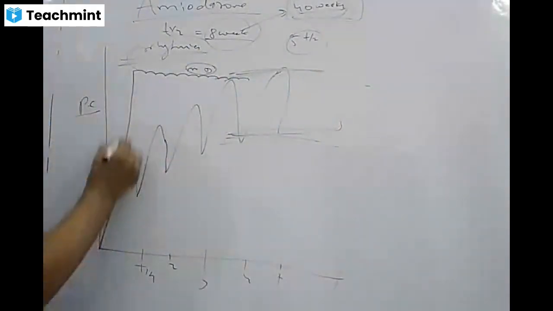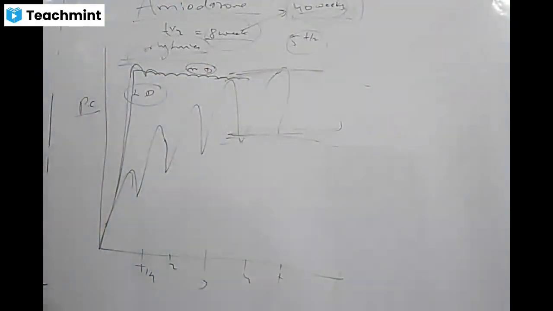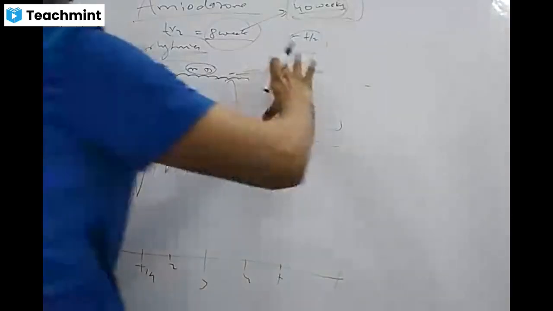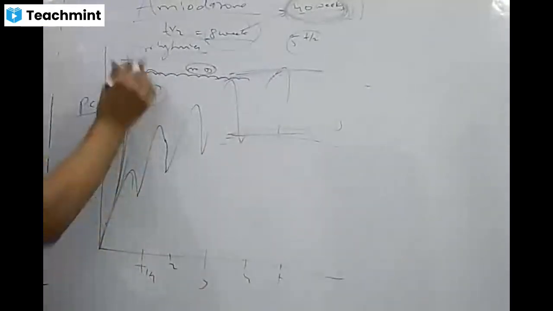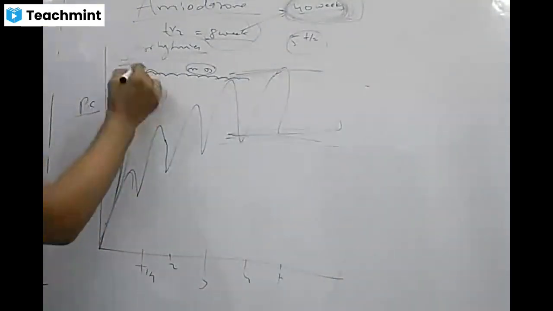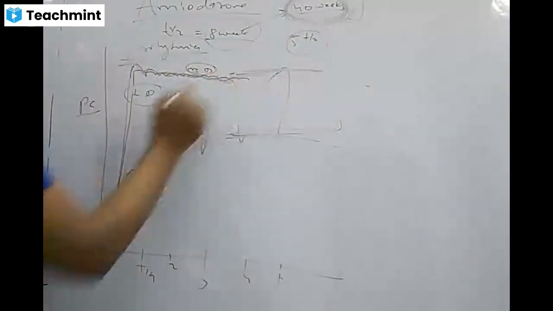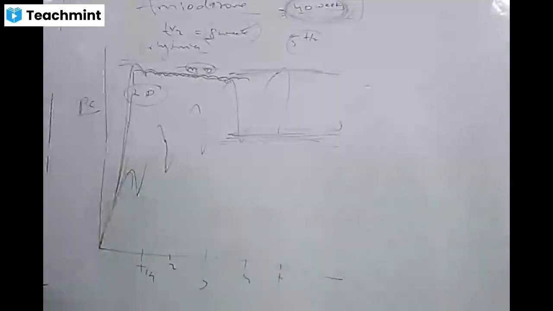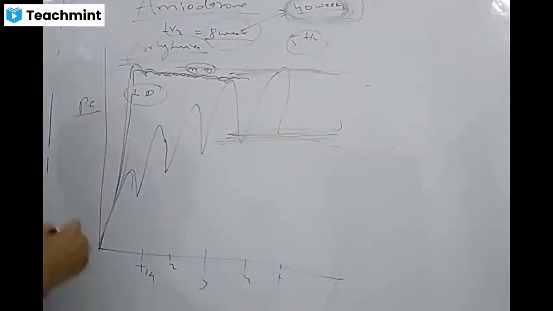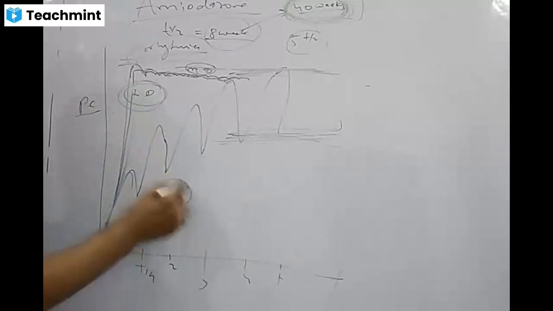Instead of waiting 40 weeks, we give the loading dose to achieve the concentration rapidly, and then keep giving the maintenance dose so that the steady state remains constant. The loading dose depends on the volume of distribution.